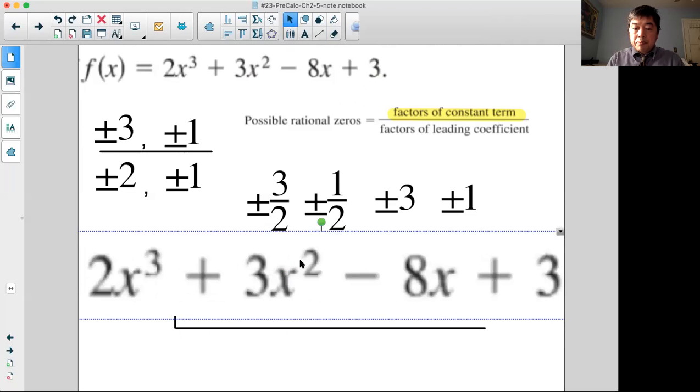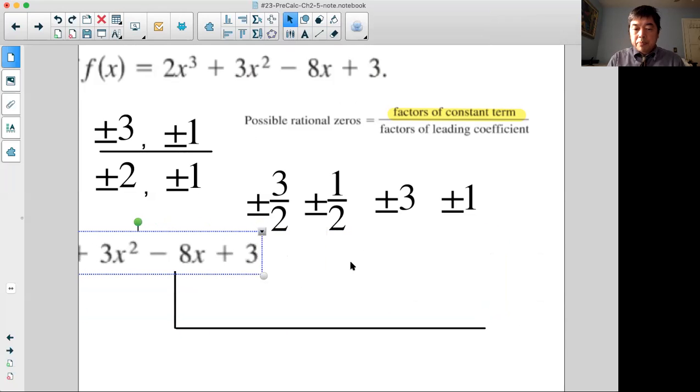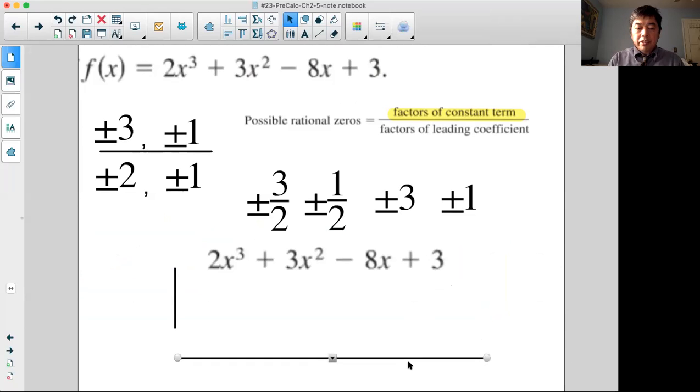And 2 is visible here. So you run the coefficients, make sure no number is skipped and no exponent is skipped. So let's highlight this green this time. 2, 3, -8, 3 here. Okay.